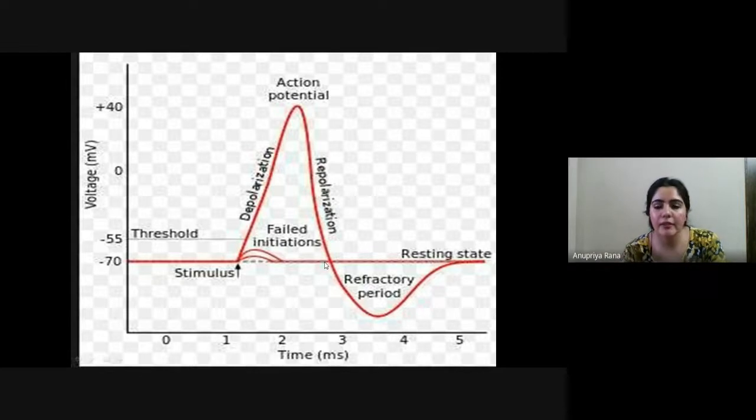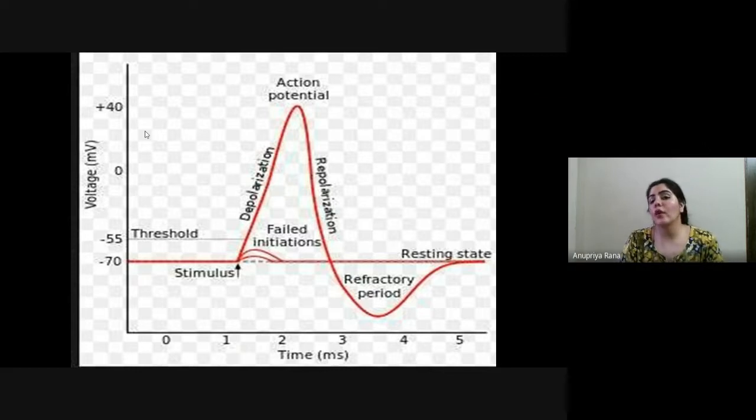That is a normal thing. But if the threshold is reached, or there is a change in ionic concentration, or some electric impulse gets passed in that field, you can see it can reach up to plus 40 millivolts.